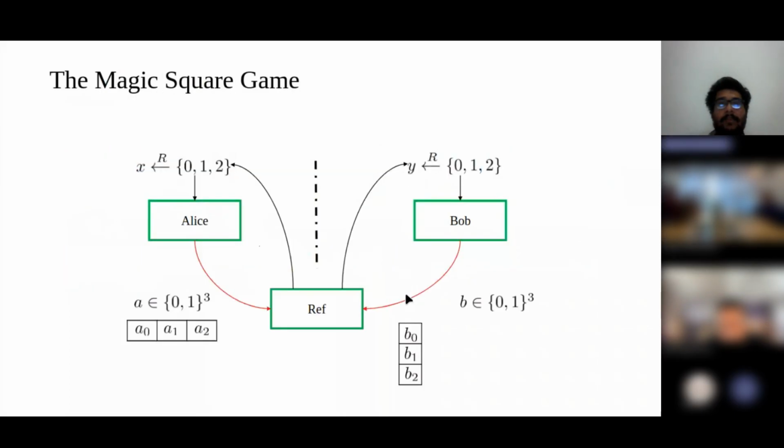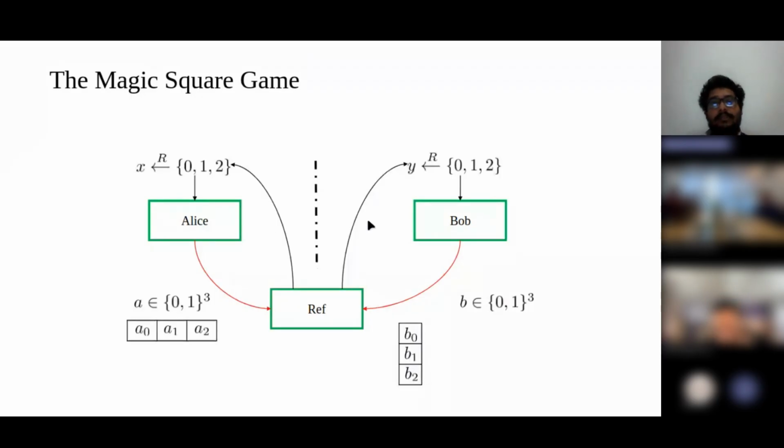Okay. So the classical Magic Square game is specified as follows. You have a referee and you have two parties, Alice and Bob. Notice that there is this dotted line. This dotted line means that Alice and Bob are not allowed to communicate.